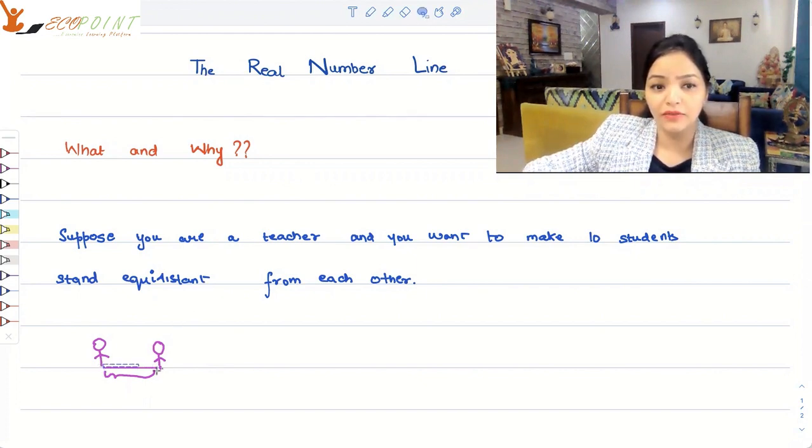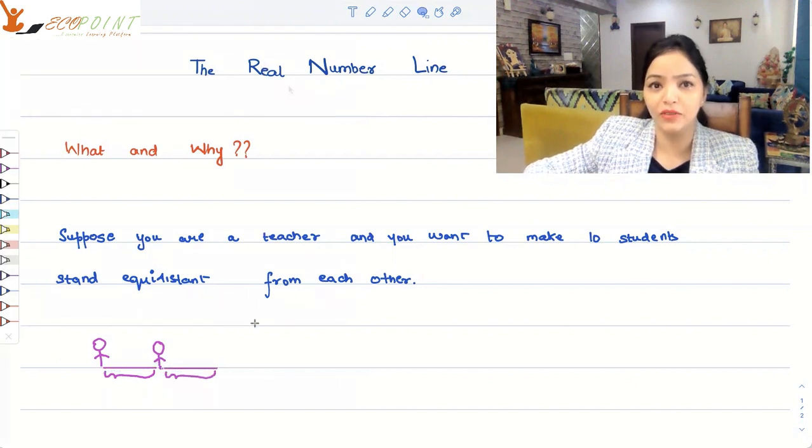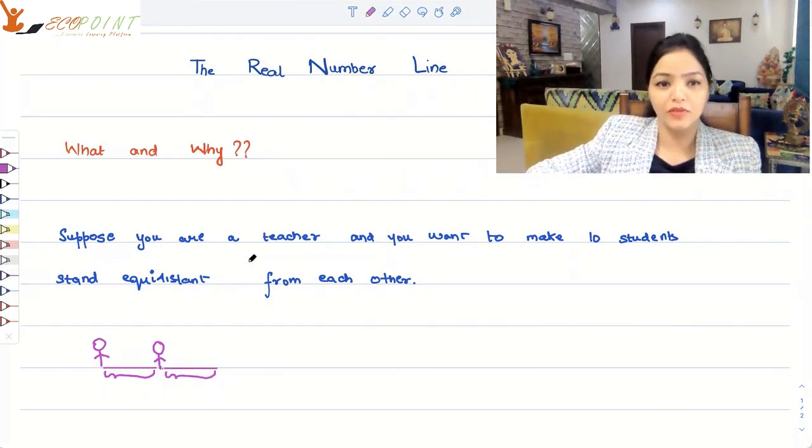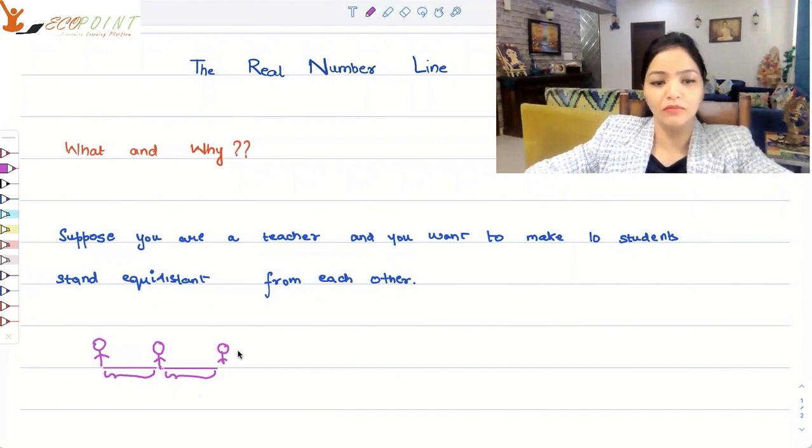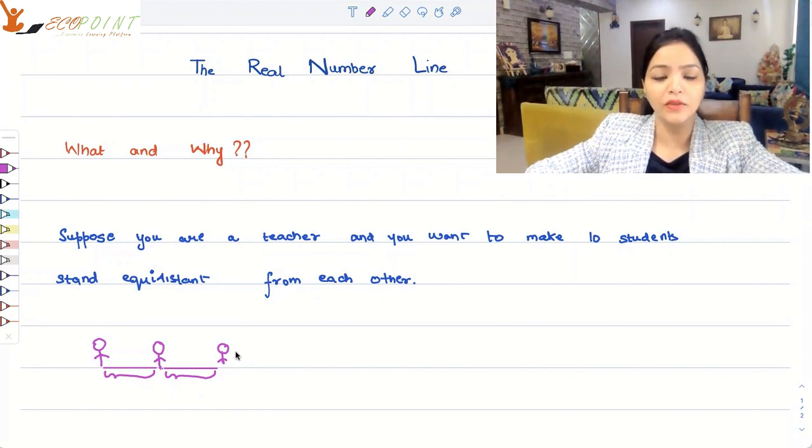Since I'm working with a software tool, I'm going to mark exactly this line out here. Now I will place the third person out here, and I know that this third person is absolutely equidistant from the second person. Which is what I actually wanted, right?